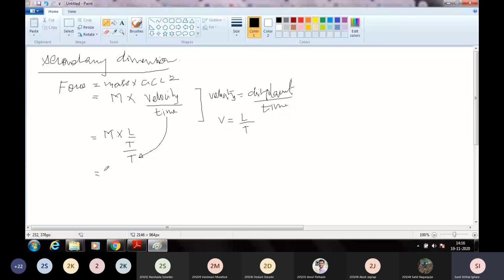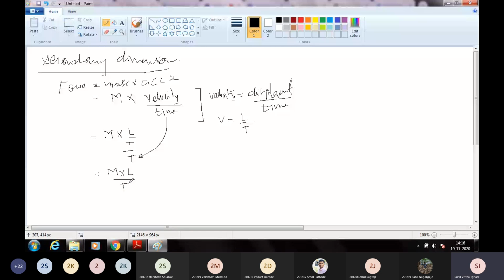Can I simplify this again? M multiplied by L divided by T square.